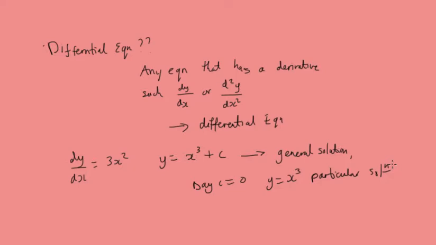Now, we can come across equations that are a bit more complicated. So, let's look at solving an equation like this. dy by dx equals (2x plus 1) squared.